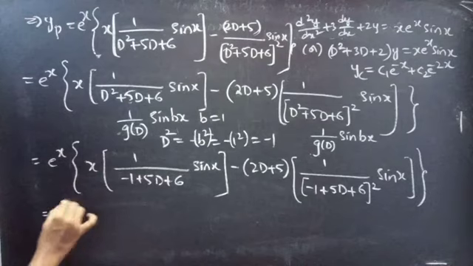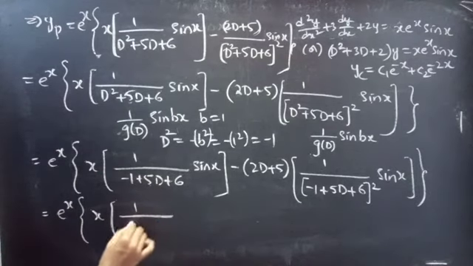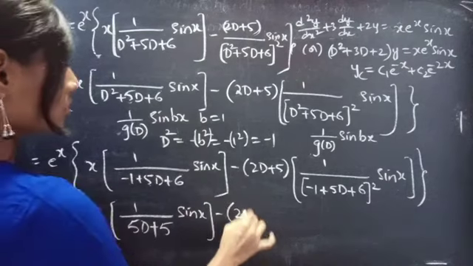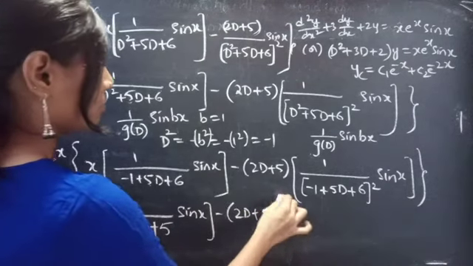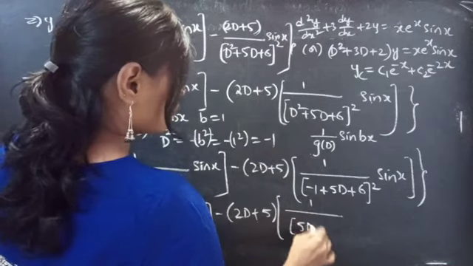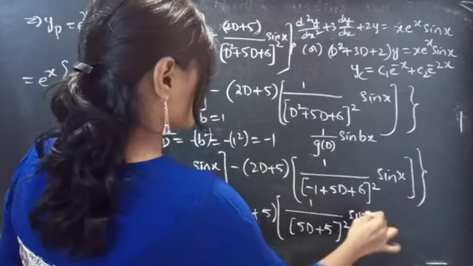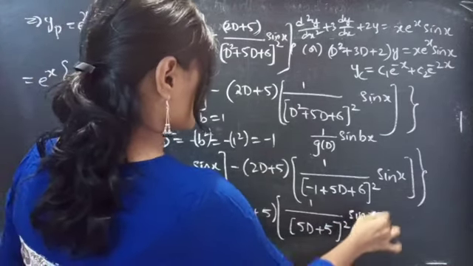Which equals e power x into 1 by 5d plus 6 minus 1 is plus 5 into sin x, minus 2d plus 5 into 1 by 5d plus 5 whole square into sin x.